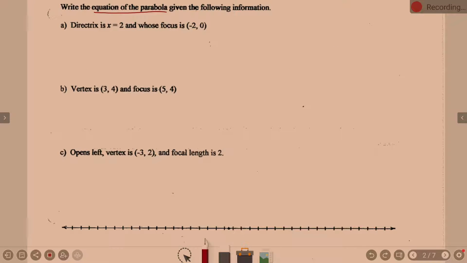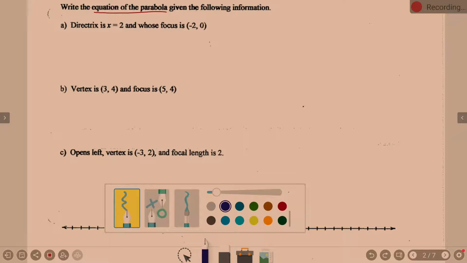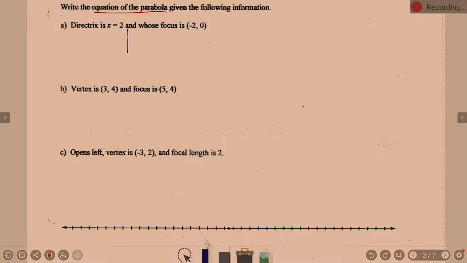If you're not convinced, start drawing yourself a picture. I just sketch myself a little picture, and it doesn't have to be a complete picture or anything. But we have a focus at (-2, 0).